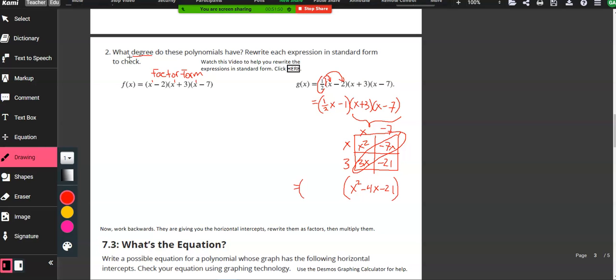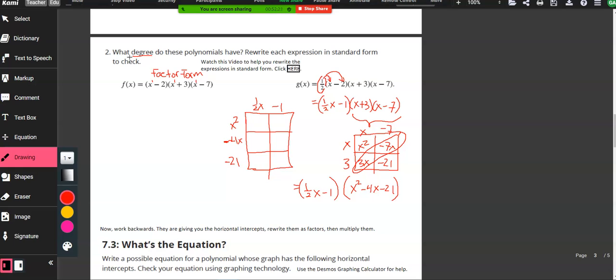And I bring down that first parentheses like that. And you do this one more time. You put x squared minus 4x minus 21. And then this 1/2 x minus 1, I put it right here.